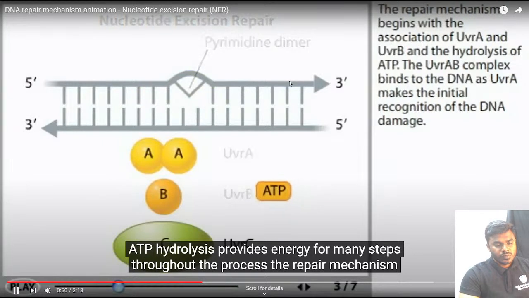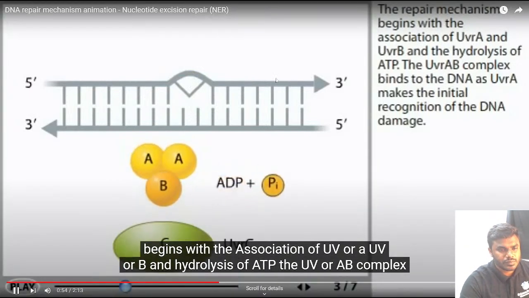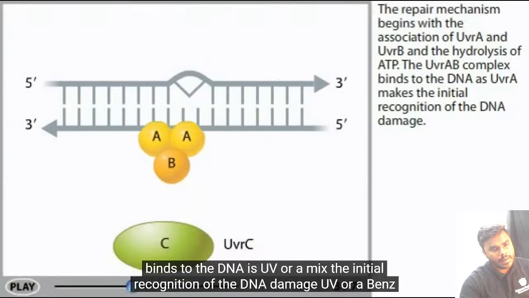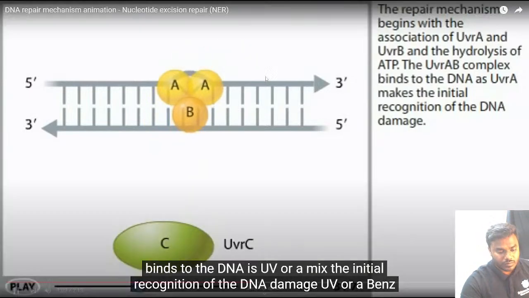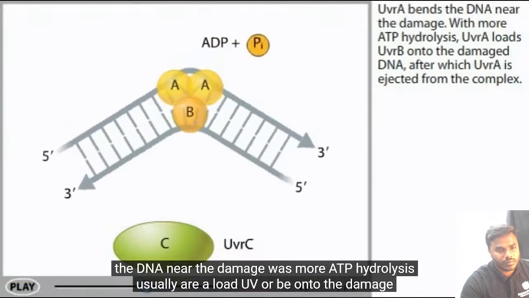The repair mechanism begins with the association of UVRA and UVRB and the hydrolysis of ATP. The UVRAB complex binds to the DNA as UVRA makes the initial recognition of the DNA damage. UVRA bends the DNA near the damage.